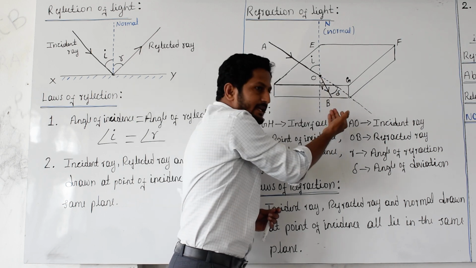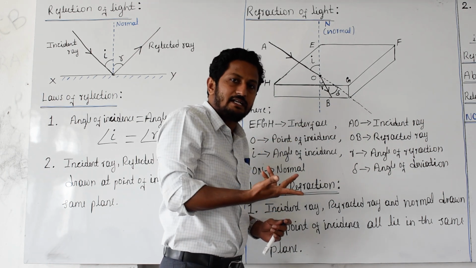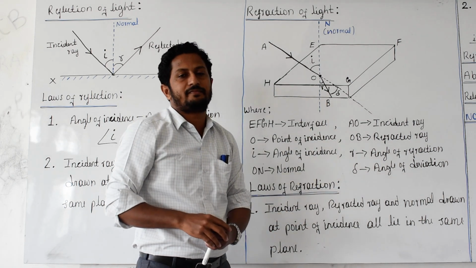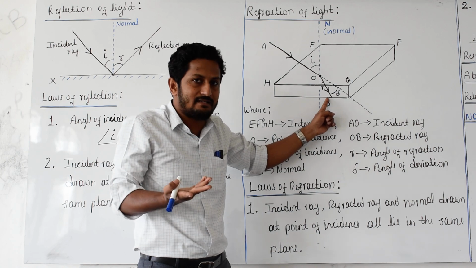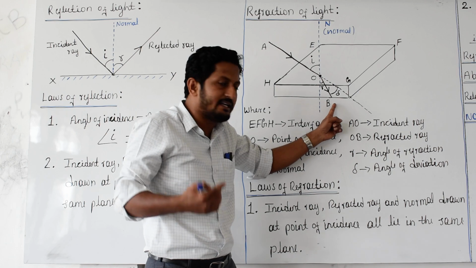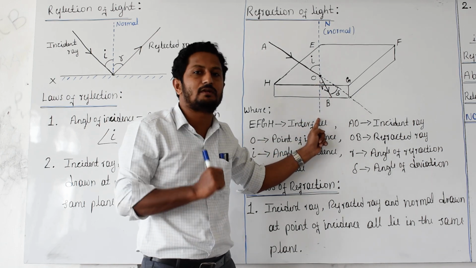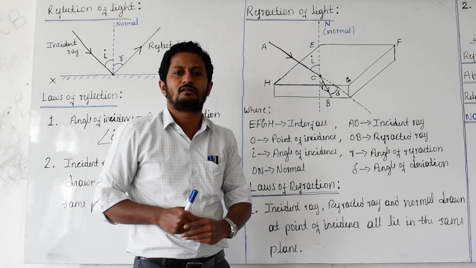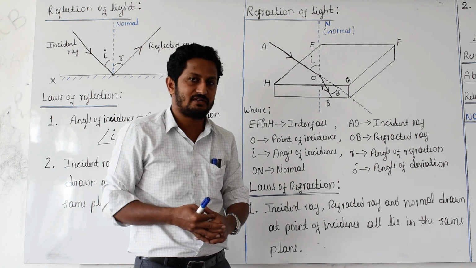That OB line, the refracted light, bent towards the normal. This OB we call the refracted or transmitted ray. That transmitted or refracted light ray bent towards the normal. This phenomenon we call refraction of light.